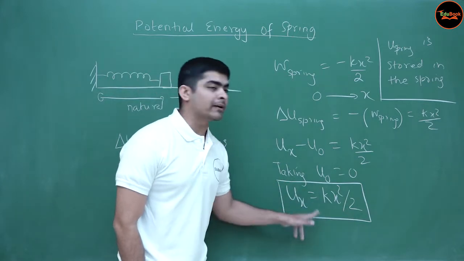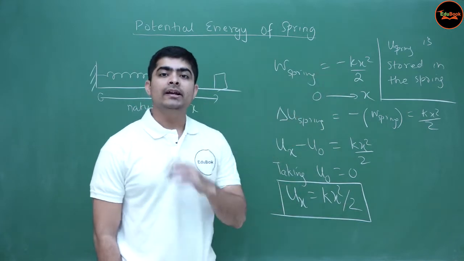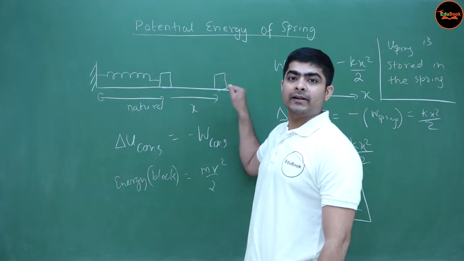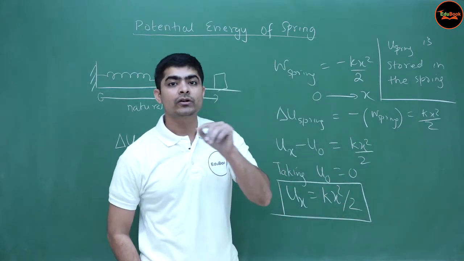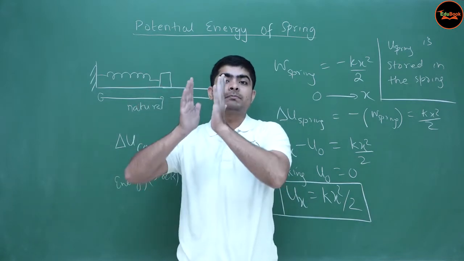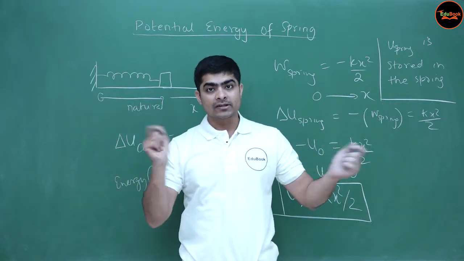So these are all parameters of the spring. So the energy will be stored in the spring. If I have a mass m or I directly pull the spring, in any case, the spring potential energy will be stored in the spring. So the potential energy here depends on the elongation or compression of the spring.